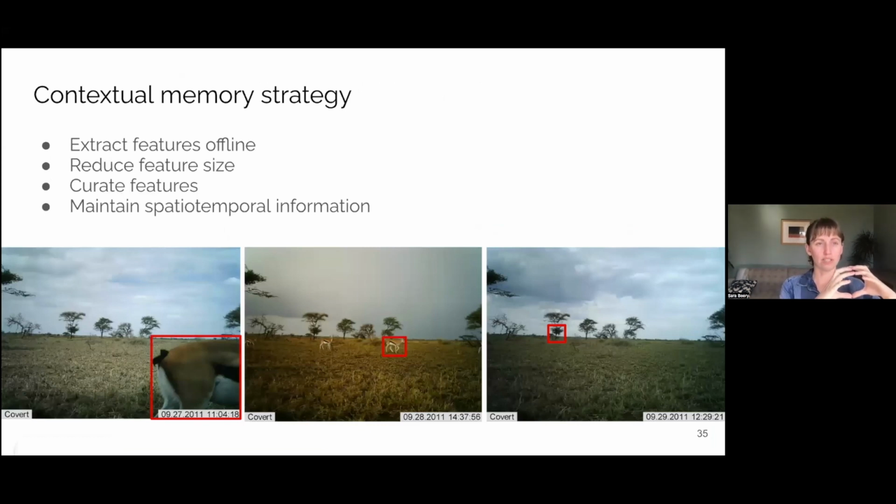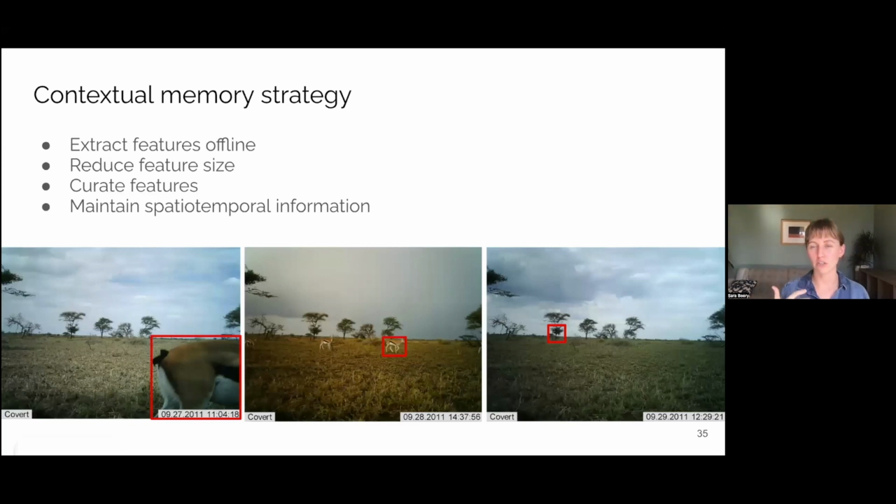And then we would extract features from the crops within those objects and reduce the feature size. So, spatially pool them, so you just have a vector. And then we would maintain spatiotemporal information for each object. So the location of the box in the image and the date and time both got encoded, kind of similar to the way that you encode location in a sentence for a natural language processing model.